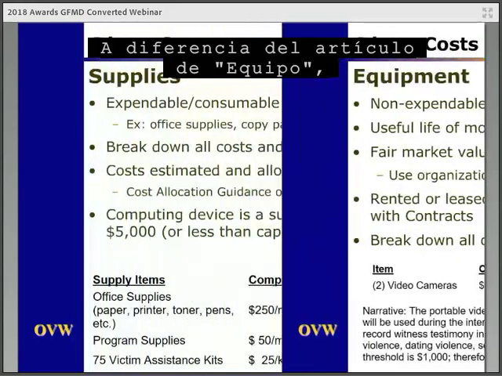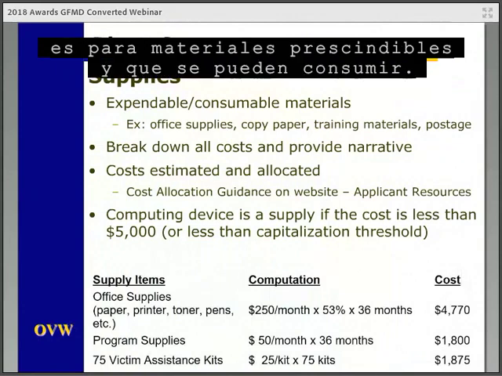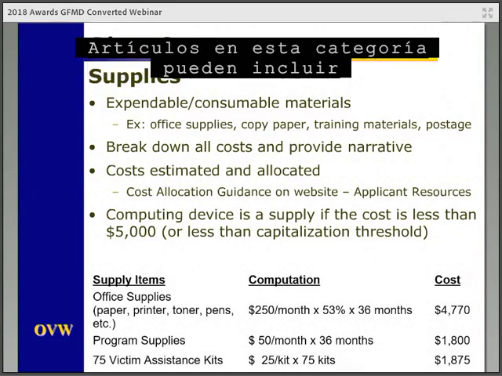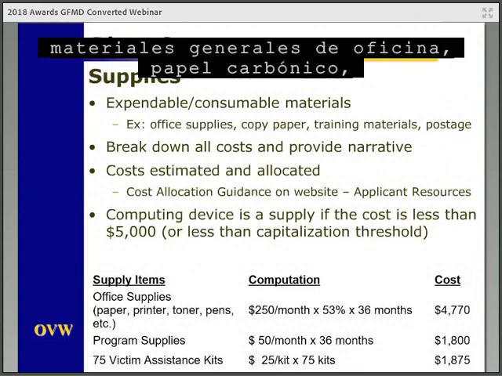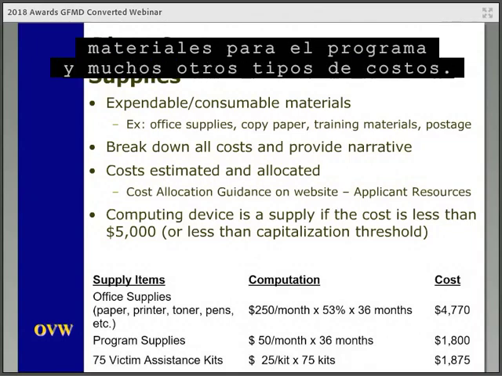Now, unlike the equipment items, the supplies category is for materials that are expendable and consumable. Items in this category may include general office supplies, copy paper, training materials, postage, brochures, program supplies, and plenty of other types of costs.